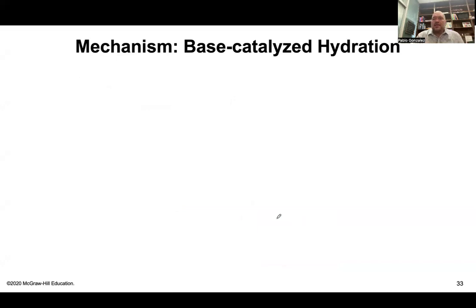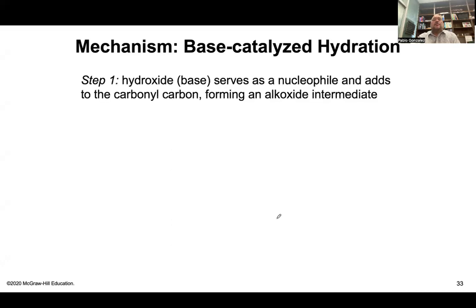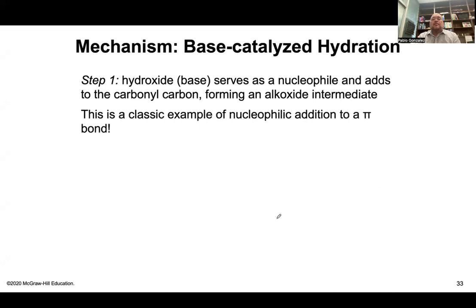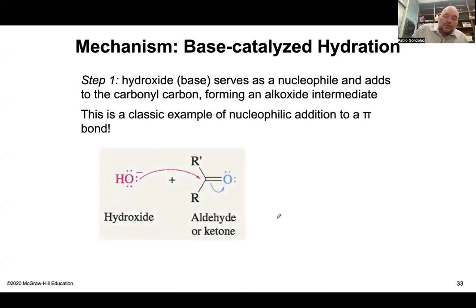So let's talk about the mechanism of hydration. We can have two types of mechanism of hydration. One is basic, and the other one is acidic. So let's start with the base catalyzed. The hydroxide, which is a base, serves as a nucleophile and adds to the carbonyl carbon, forming an alkoxide intermediate. This is a classic example of nucleophilic addition to the pi bond. So we have here the hydroxide.